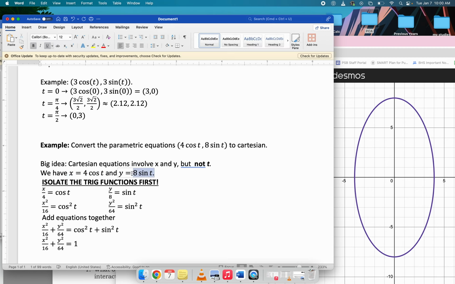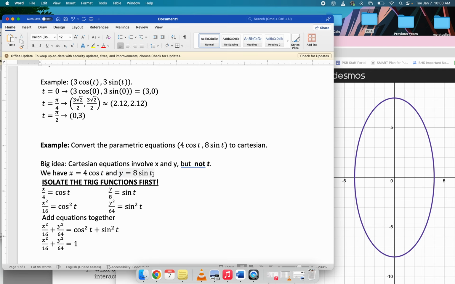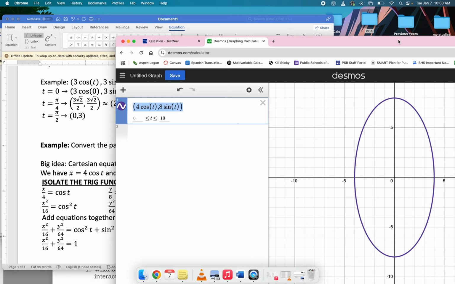Same thing is true for this guy right here. This is a formula for the y-coordinates of the points on the graph. But look, the range of this function is quite restricted, right? 8 sine t can only take on values between -8 and +8, which means the y-coordinates of the points in this graph must all be between -8 and +8, and that's true here.